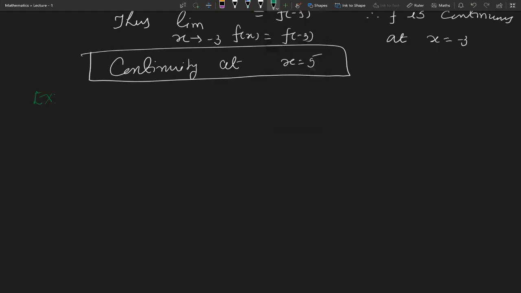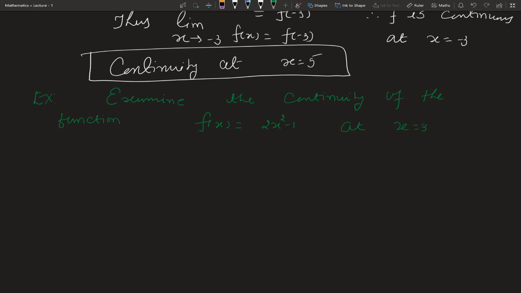Example: examine the continuity of the function f of x equal to 2x square minus 1 at x equal to 3.